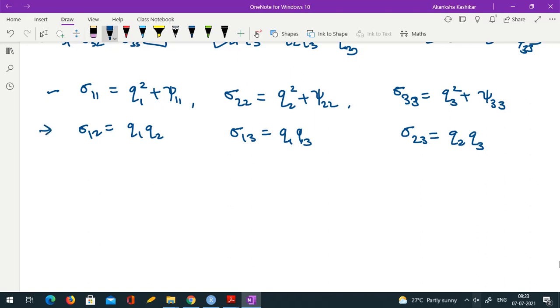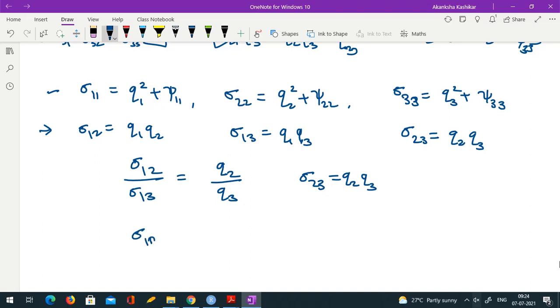From this row, I can see that sigma 1 2, sigma 1 3, sigma 2 3, everything have something in common. So if I do sigma 1 2 upon sigma 1 3, what do I get? I will get q2 upon q3, and I know something here about q2 into q3. Okay, so can I use it somehow?